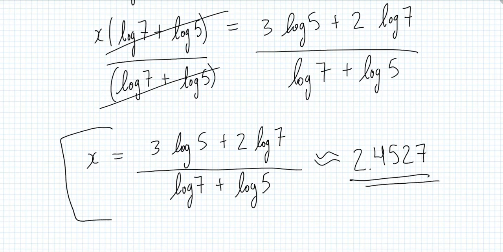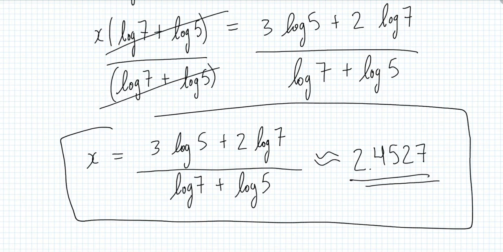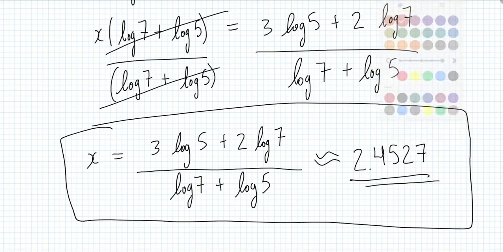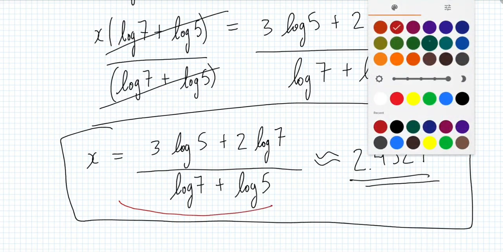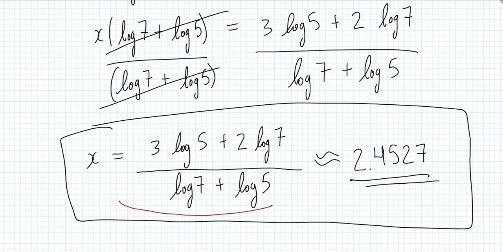So depending on what you're asked for, if you're asked for an exact answer, then it'll be the answer underlined in red. And if you're asked for a decimal answer to X decimal places, then it'll be the answer underlined in green there.